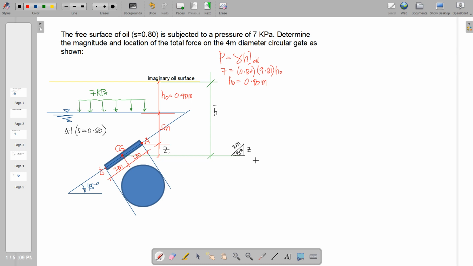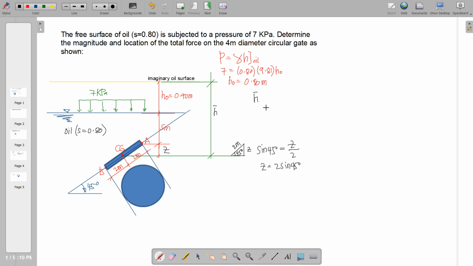So writing an equation from this right triangle, we can relate Z to that of 2 meters by function of cosine. Say cosine 45, sorry. So Z is opposite actually, so therefore we can use the sine function, sine 45 degrees is equal to opposite Z all over hypotenuse 2. So therefore, Z is equal to 2 sine of 45 degrees.